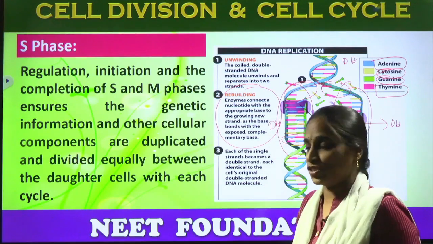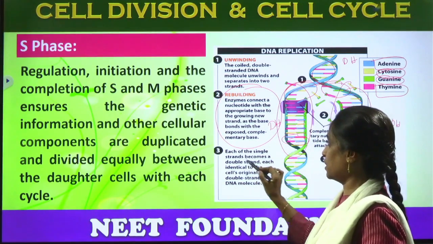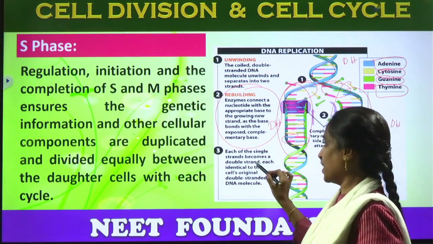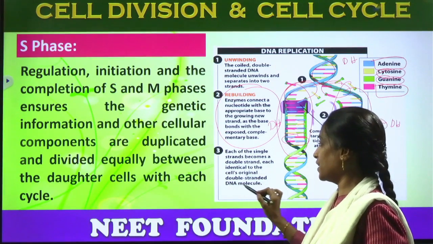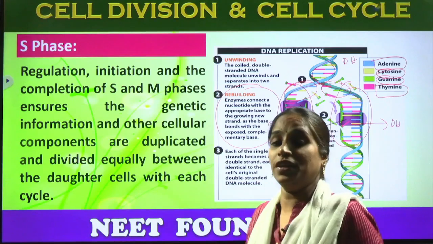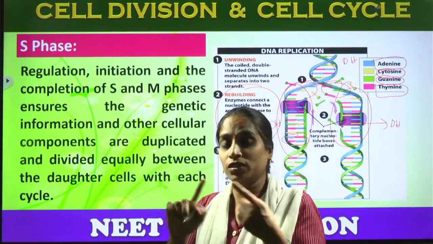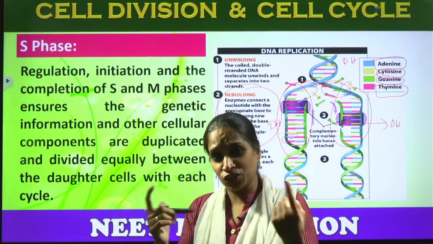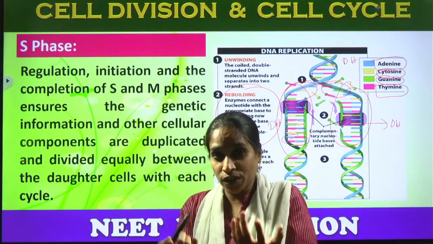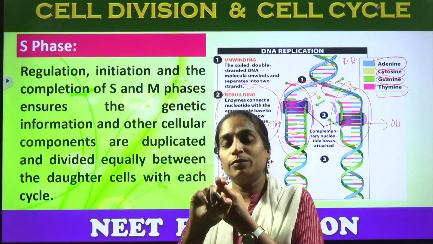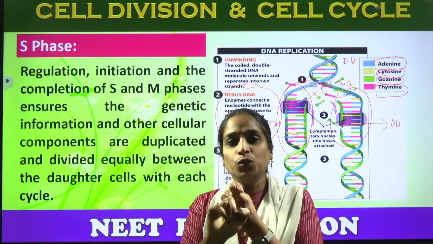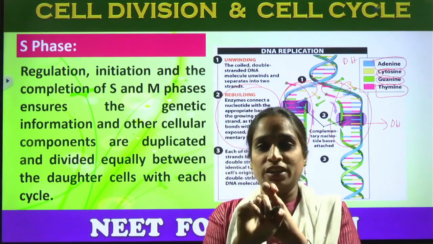Last but not the least is each of the single strand becomes a double strand and each identical to the cell's original double stranded DNA molecule. After the sequence is been, it may change, but as it is moving again to the ending of the DNA replication, again the single one will be adjoining into two spiral structures, double helical structures.